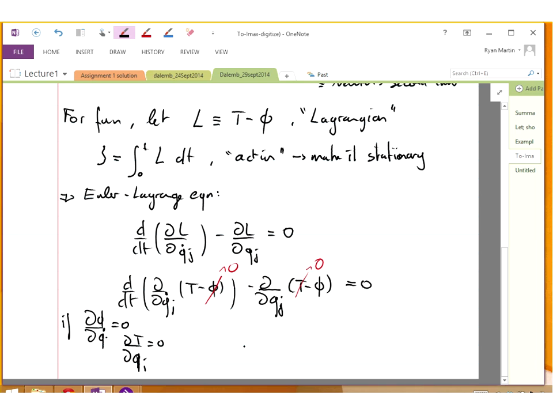Then we find that d by dt of di T by di Qj dot is equal to minus di by di Qj of phi.